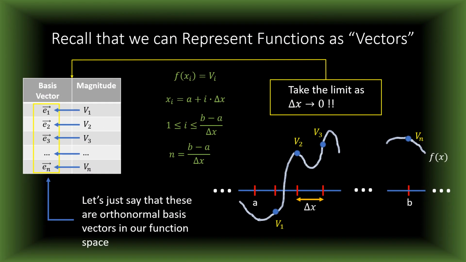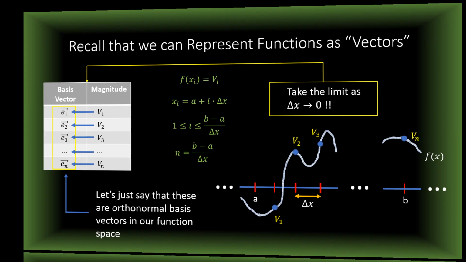Recall that what we're doing is sampling functions to create vectors. So we're only actually taking a sample from x equal to a to x equal to b, a finite sample over the domain of the function. But in this video, we're actually going to sample over the entire function, and you'll see that later.